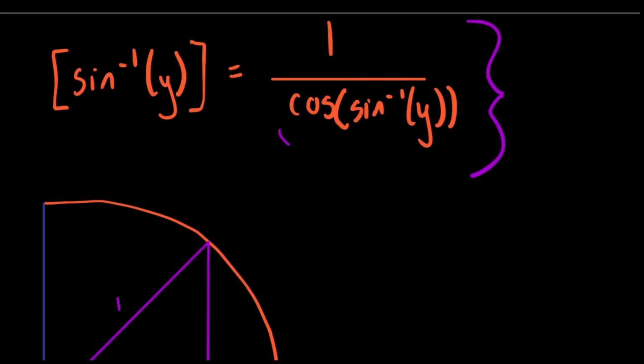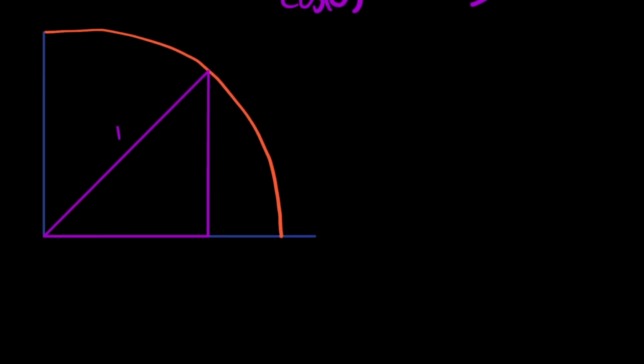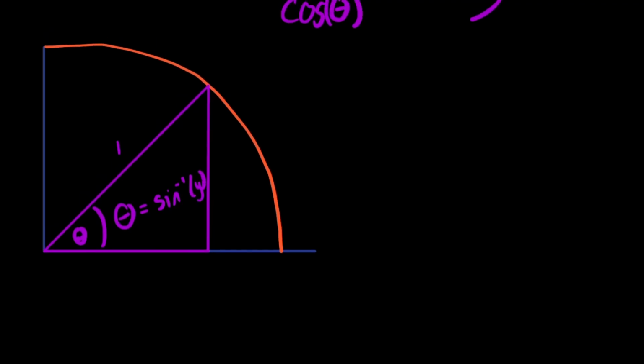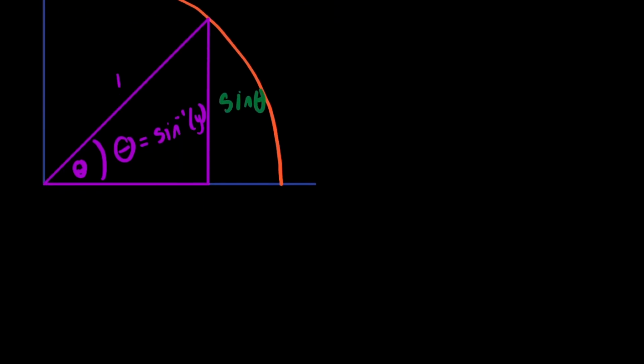Because we are solving for this, we want to figure out what our theta is, and of course, cosine of theta refers to this theta here. So we draw a theta, and our theta equals inverse sine of y. What we also know is that this length here is sine of theta, and this length here is cosine theta.